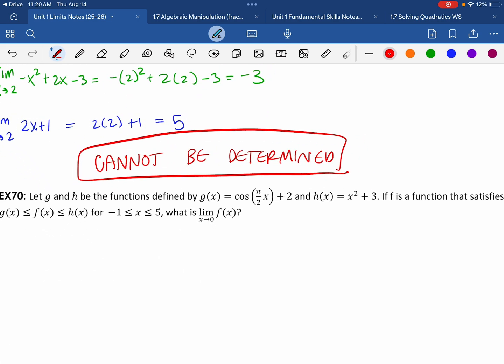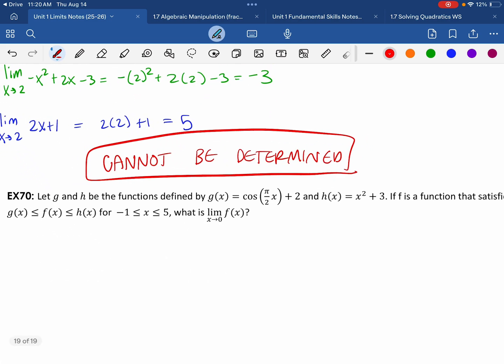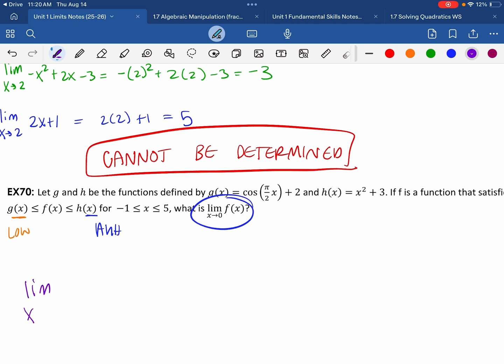Okay, and then the last one has a trig function, but it's fine. g is my low function. h is my high function. On this one, we are approaching 0 again. So the limit as x approaches 0, g is cosine of pi over 2 x, plus 2. I made a mistake, but I'll fix it here in a second.